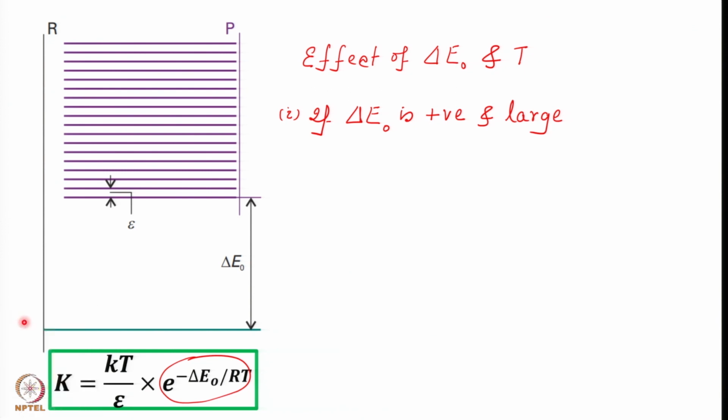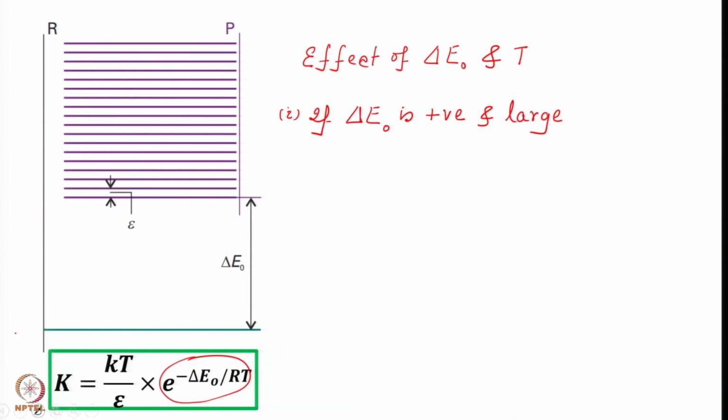If K is small, that means the population of the various energy levels corresponding to product is also small. It makes sense because if delta E naught is large, most of the molecules will be in the energy state corresponding to R. That means K is going to be small.